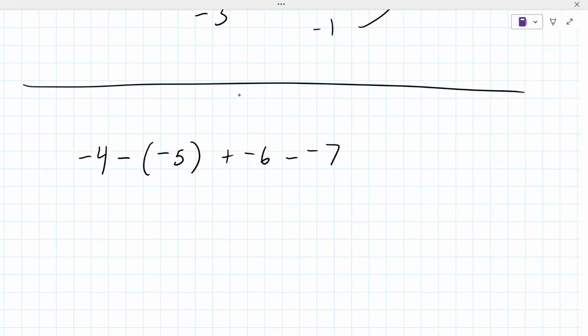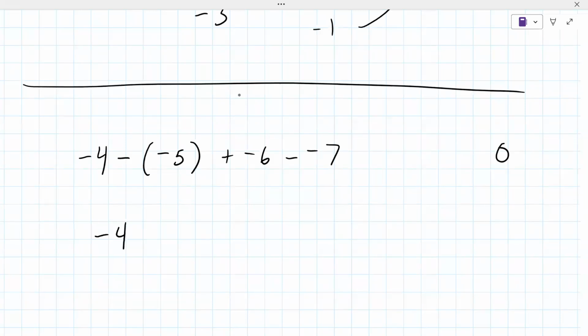So 5 take away 4 is 1, -1 plus -6 plus -6 plus 7. 6 plus 1 is -7 plus 7. Subtract, which is 0. Okay, I got my final answer. My final answer is 0.